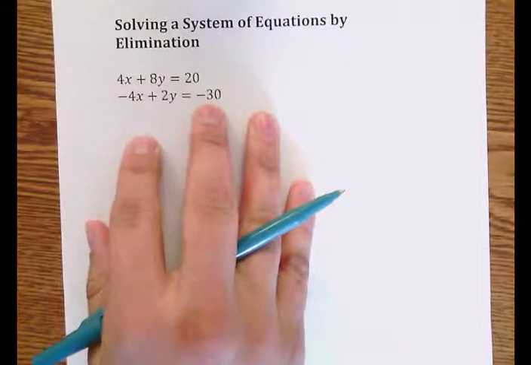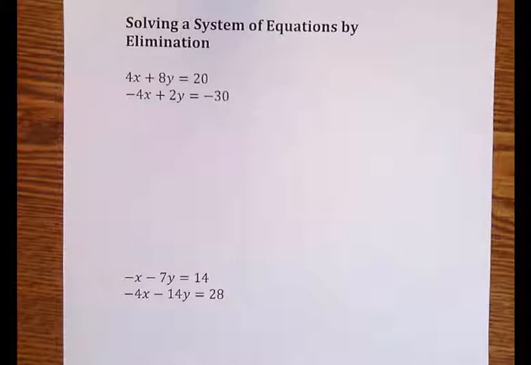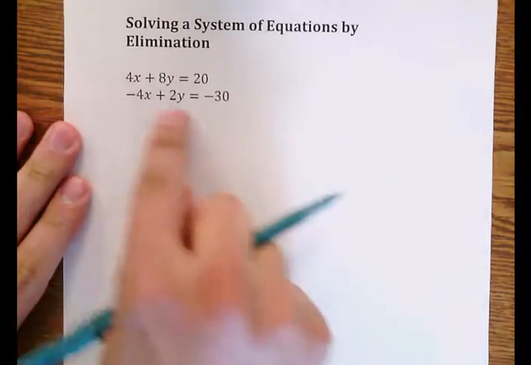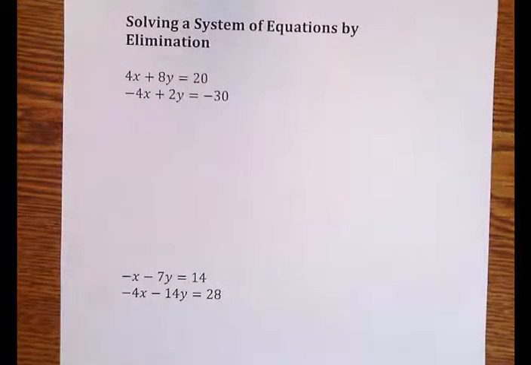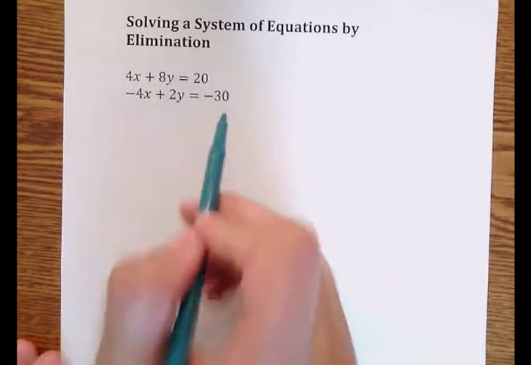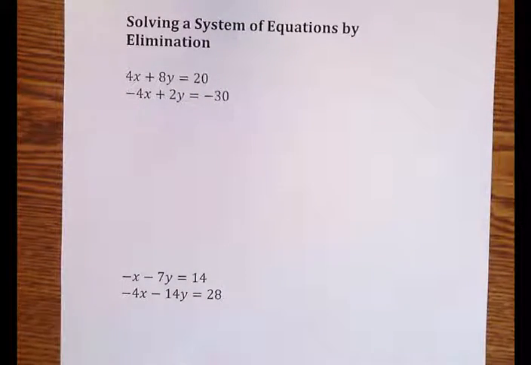I want to try and eliminate either x or y. So what I'm going to do is add straight down. When I add down and combine the like terms, the x's with the x's, the y's with the y's, and the constants on the right side of the equal sign with the other constant, what we want is for variables to eliminate.